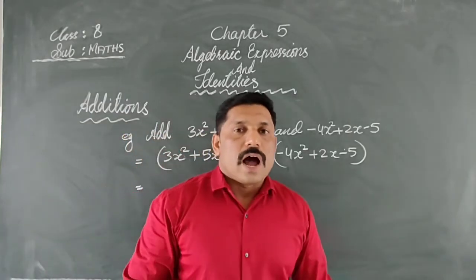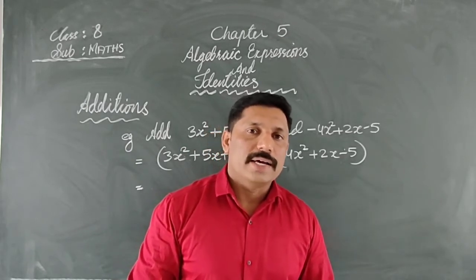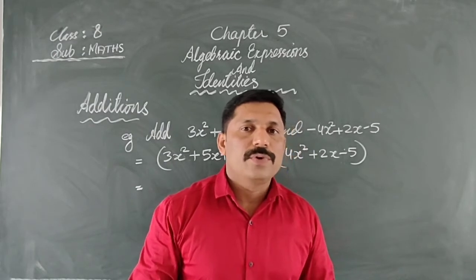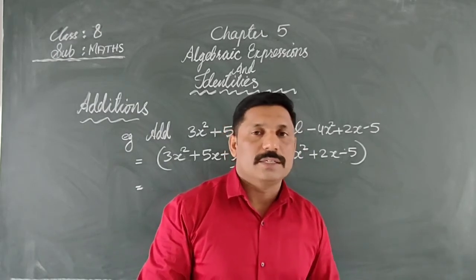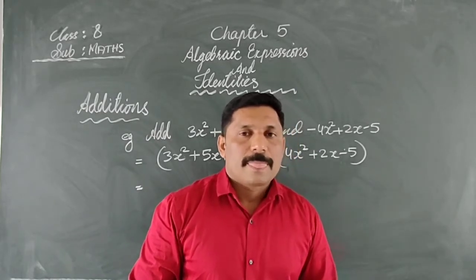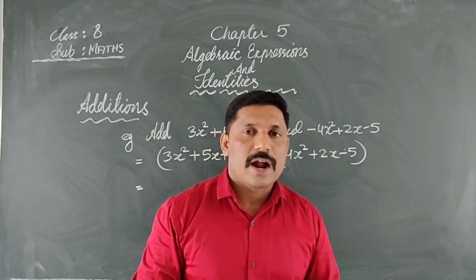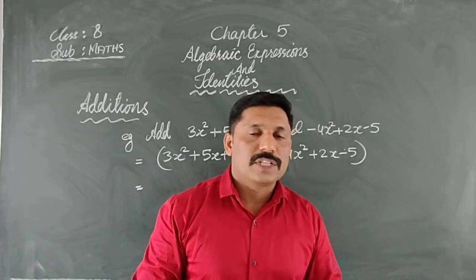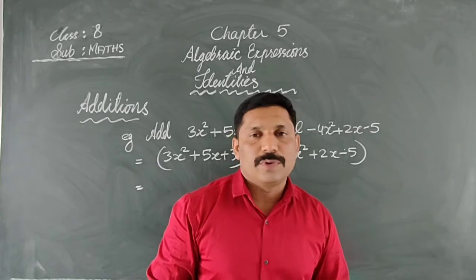Students, addition of algebraic expressions. How to add two algebraic expressions, and what points should we consider when we add two or more algebraic expressions? Always remember that we can add only like terms, meaning terms whose variable parts with their powers are the same can be added together.